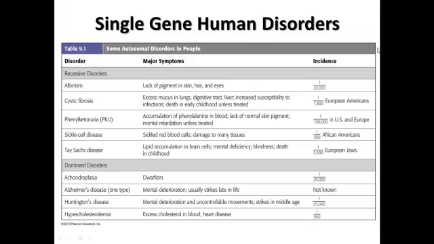If you look up over here in incidence, they don't have albinism as being correlated to any particular type of people, so maybe it occurs at the same rate within all human beings. But cystic fibrosis, you have a 1 in 1,800 chance, or 1 in every 1,800 European Americans carries a gene for cystic fibrosis, or at least expresses the disorder.